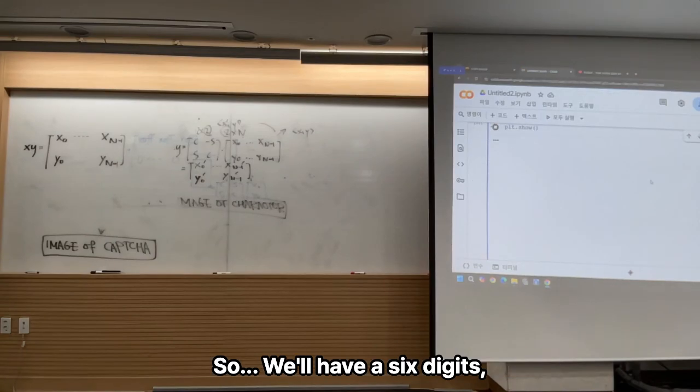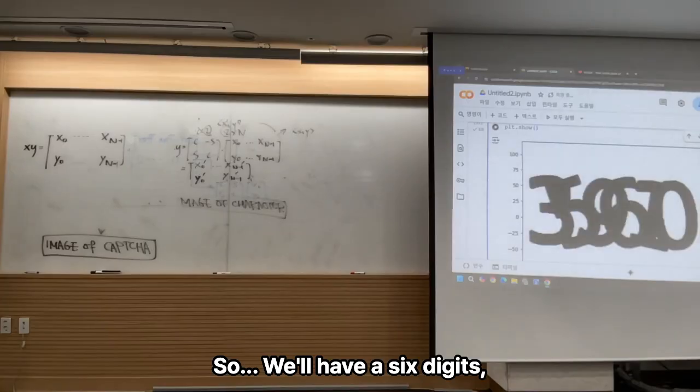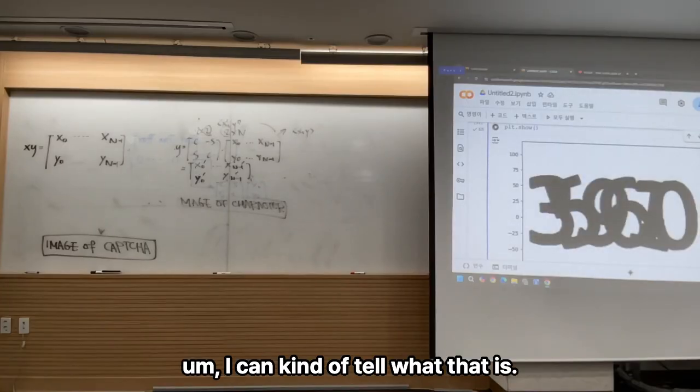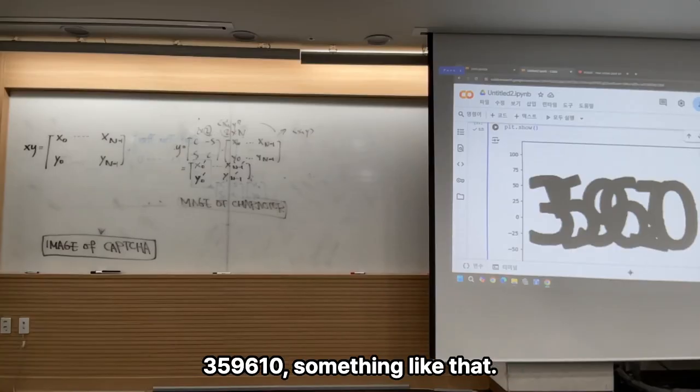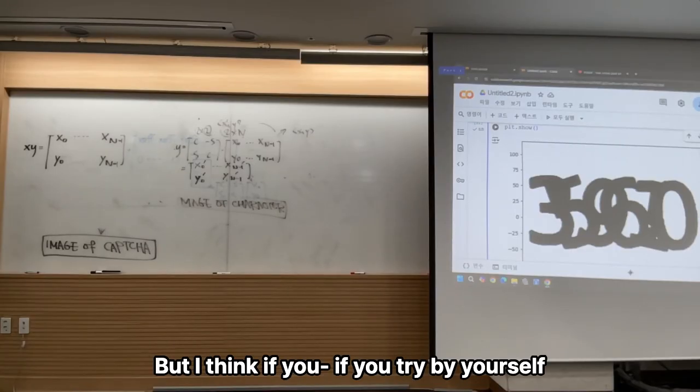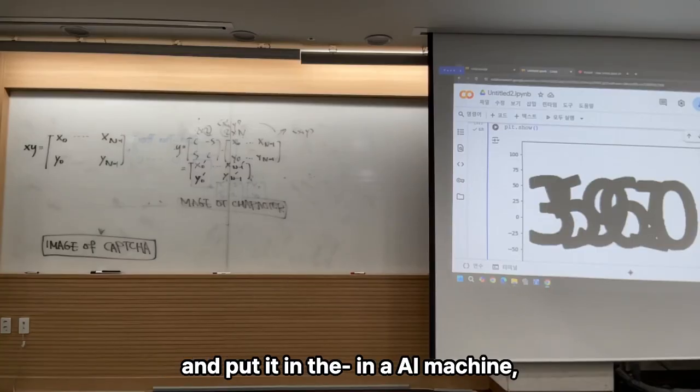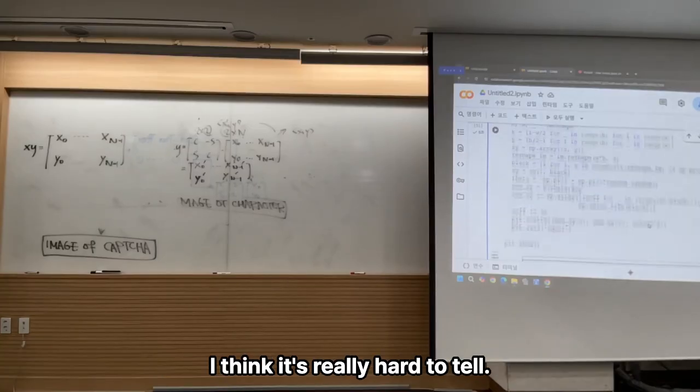So we'll have 6 digits. I can kind of tell what that is, 359610, something like that. But I think if you try by yourself and put it in an AI machine, it's really hard to tell.